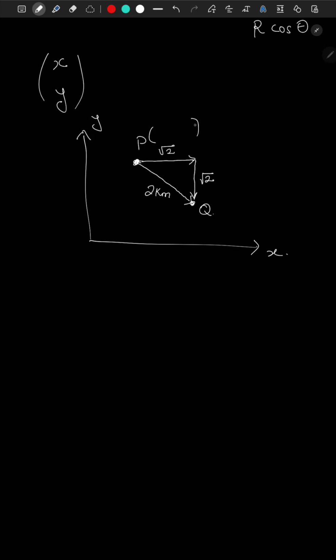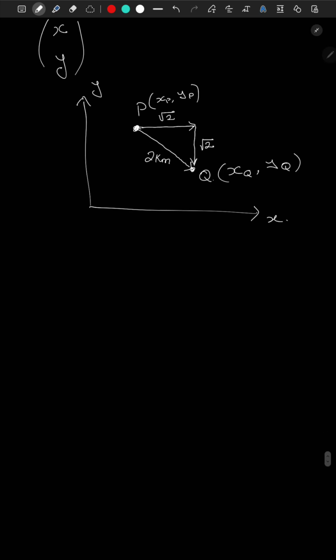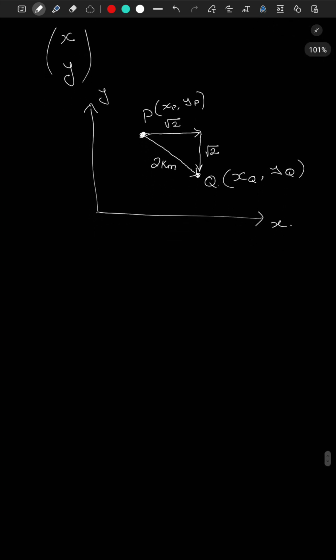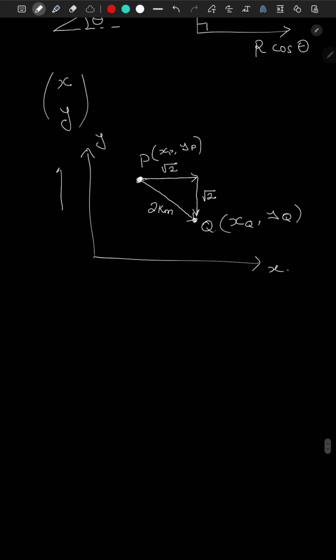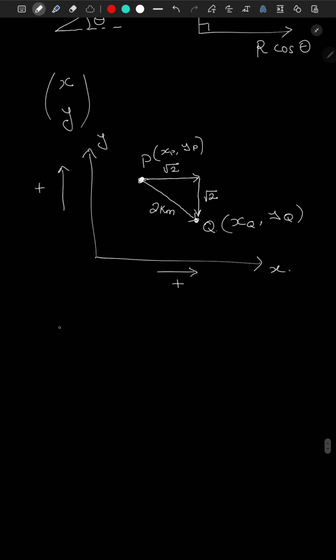Okay, let's suppose the coordinates of P are xp and yp, the coordinates of Q are xq and yq. Now to represent the column vectors, we have to take this direction as a positive y direction and this direction as a positive x direction. So now the PQ vector is represented by the components x and y.